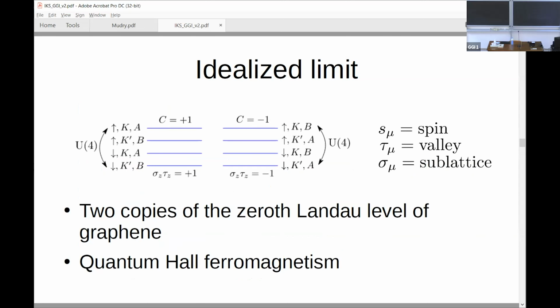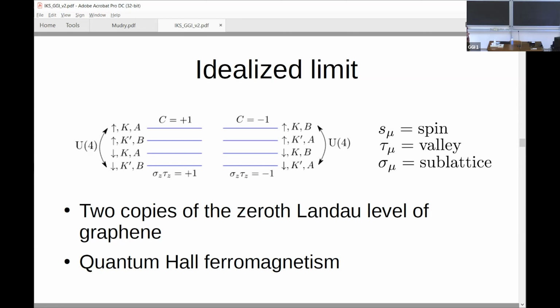Just to represent this pictorially, remember I said we have 8 flat bands, 2 flat bands which are each 4-fold degenerate, giving us a total of 8. I'm going to group them into these Chern number +1 bands and Chern number -1 bands, and they're labeled with the spin, valley, and sublattice labels. Spin, valley, and sublattice are associated with these Pauli matrices as well.